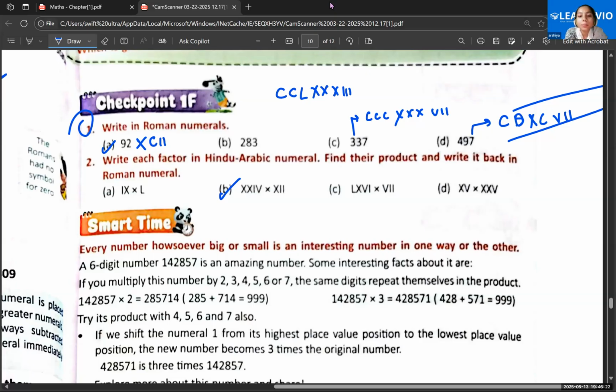But how much did you get? 24 times 11. Let me calculate. I got 264. Correct, and in Roman numerals CCLXIV. That is correct, but the correct answer will be 288. Make the correction. Okay, ma'am.